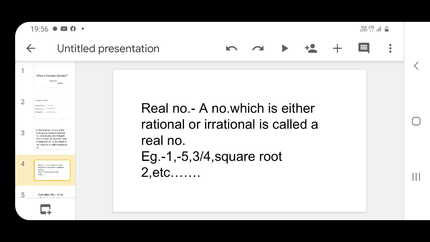The next set, the largest set of numbers, is the real numbers. A number which is either rational or irrational is called a real number. It means the numbers which you have already read up to now are real numbers. For example, 1, minus 5, minus 3 by 4, root of 2, root of 3.